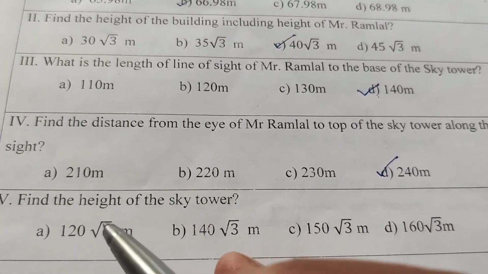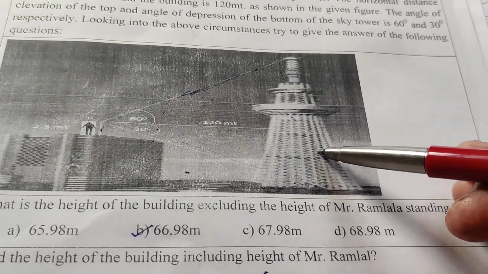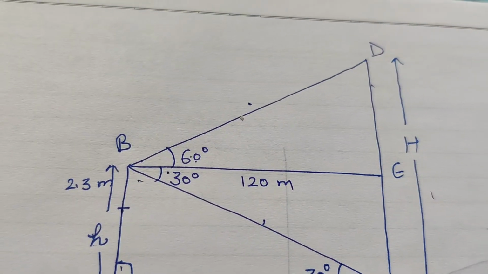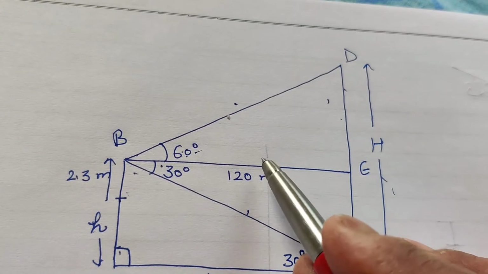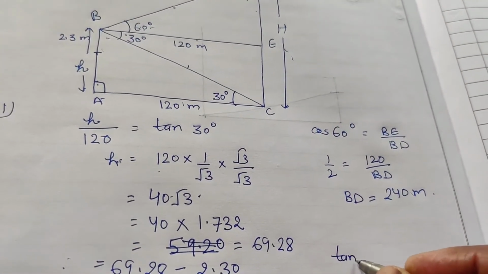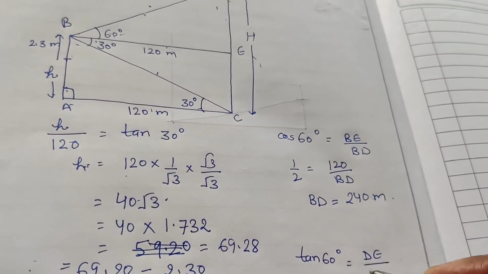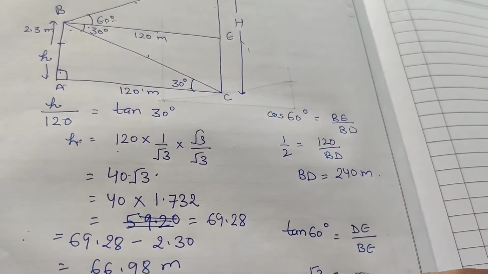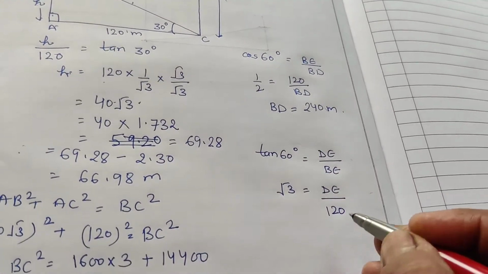And the last, find the height of the Sky Tower. It means the total height of the Sky Tower. In triangle BED, tan 60 degrees equals DE upon BE. Tan 60 is root 3, DE we have to find, and BE equals 120.